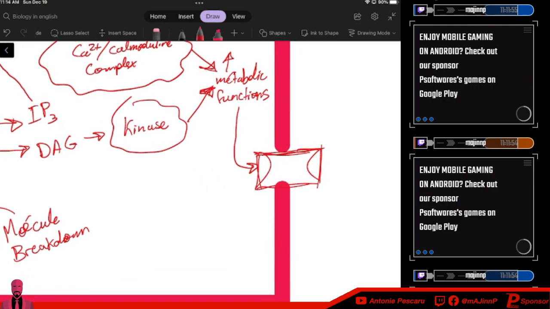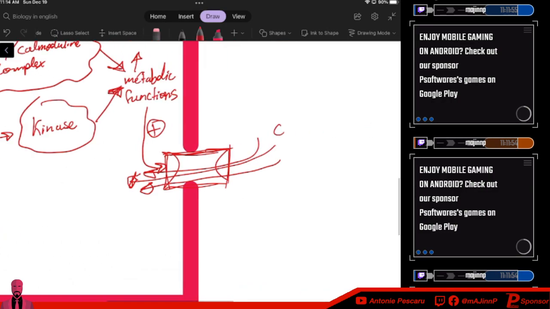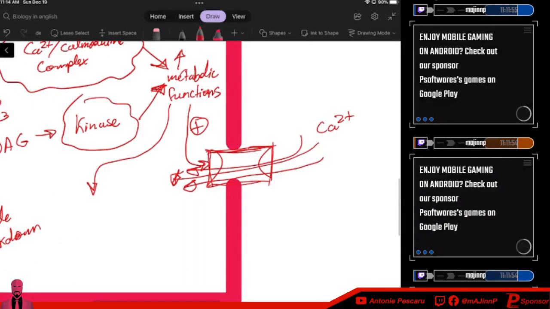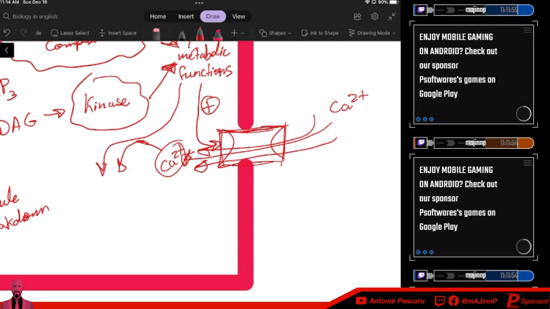It's going to stimulate the intake of calcium that exists outside. And in order to get the same result, it's going to separate again into two separate parts.